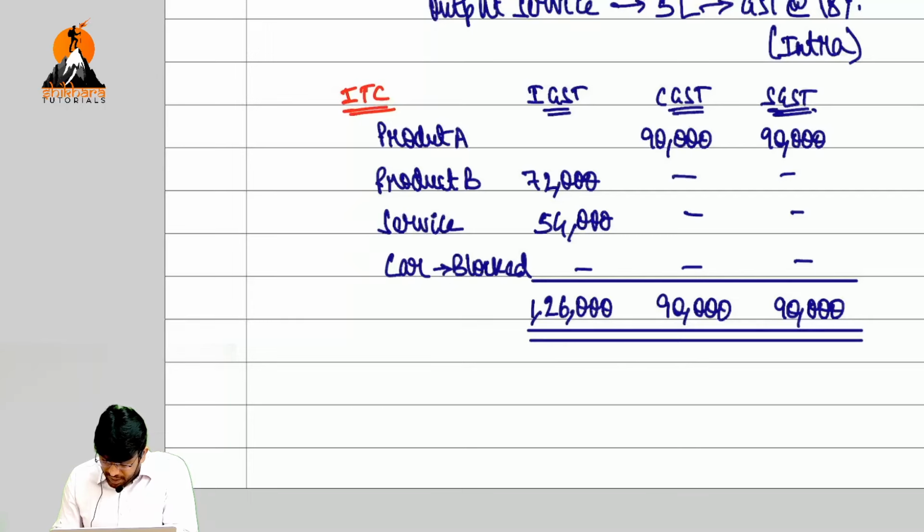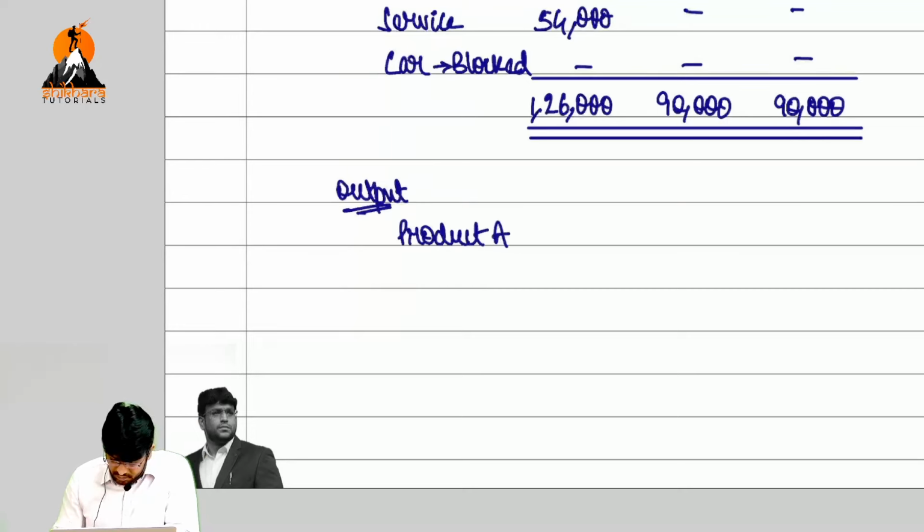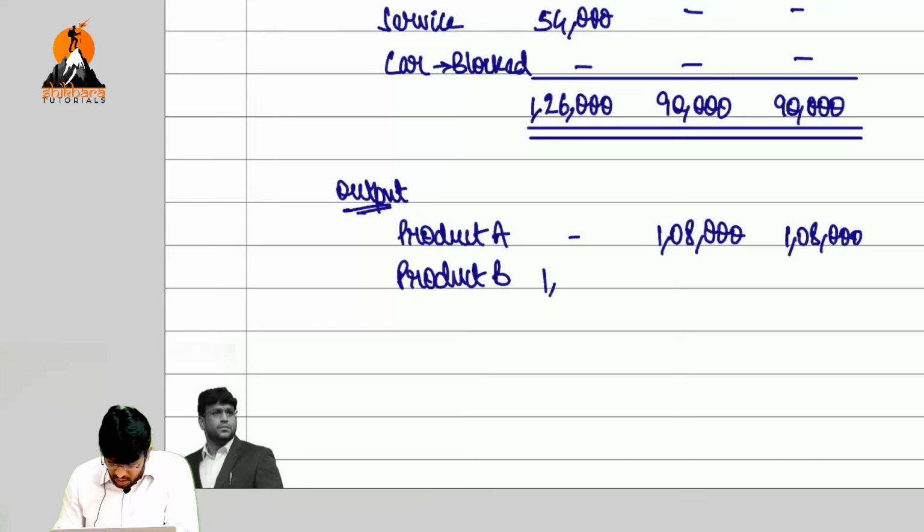This is the story of my ITC. Tell me, friends, output product. Now, 1,08,000. Then product, how much? 1 lakh? Same figure.